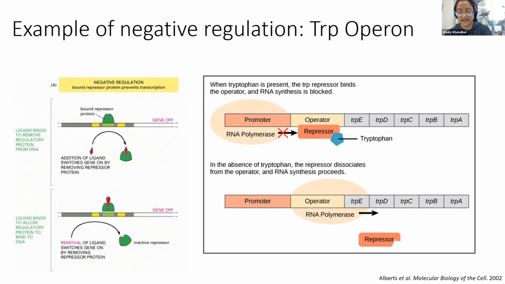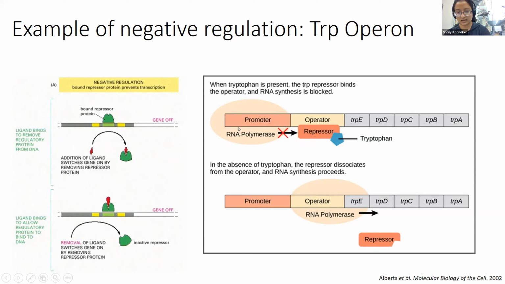A bacterial cell can obtain tryptophan from the environment, or, in the absence of environmental tryptophan, it can synthesize it itself through activation of the trp operon. In the presence of high tryptophan levels, a repressor is present, and it binds to the operator region of the trp operon.